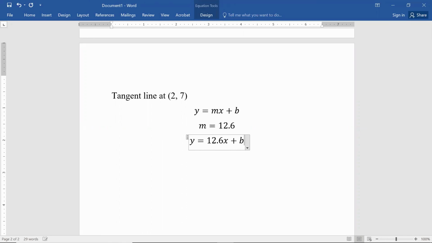And then we can find b by plugging in 7 for y and 2 for x, because remember, this line has to go through the point 2,7. So we calculate that, 7 minus 12.6 times 2 becomes negative 18.2. So when you multiply this and then subtract it from both sides, you get a b value, which is negative 18.2.